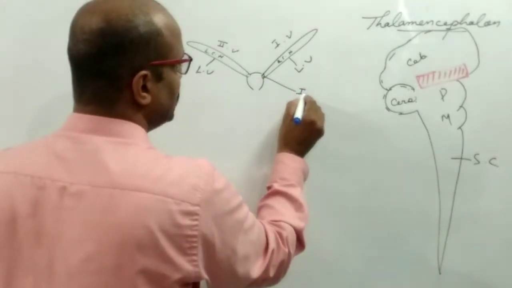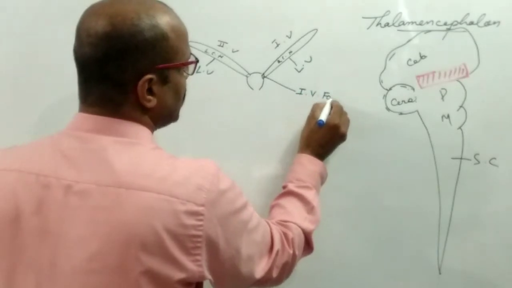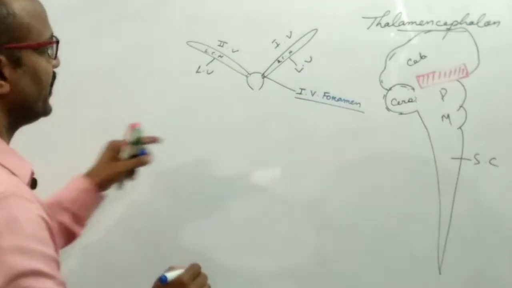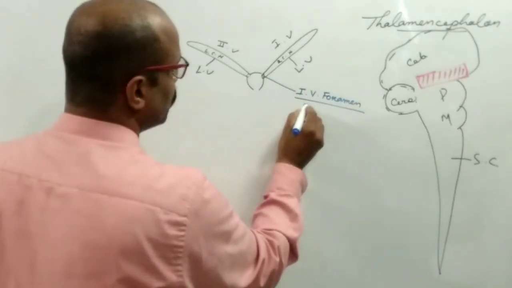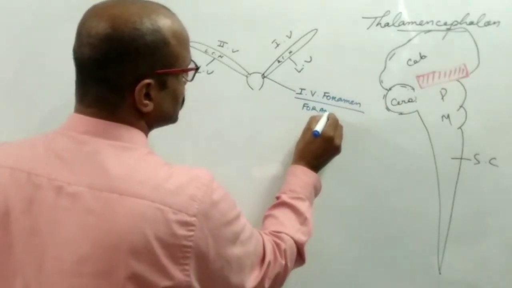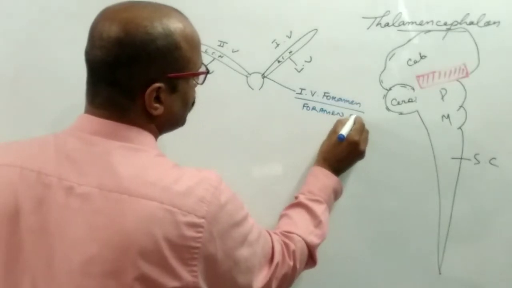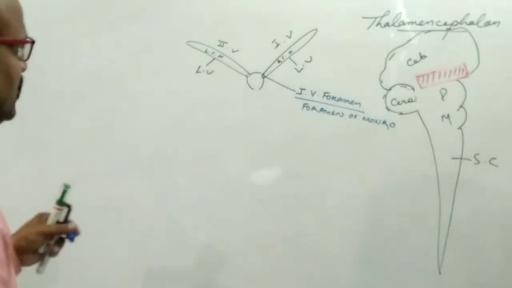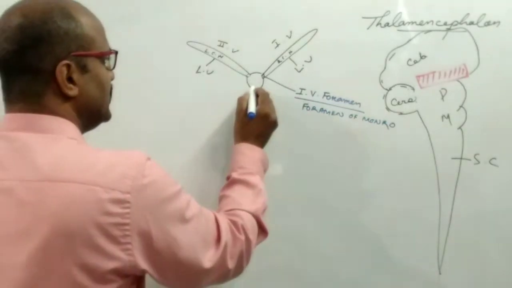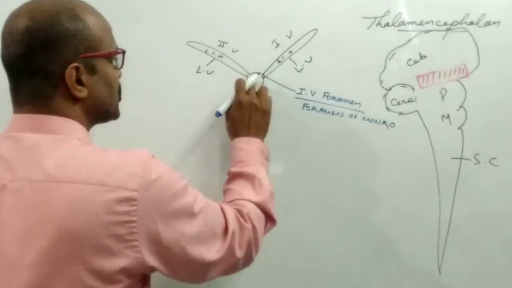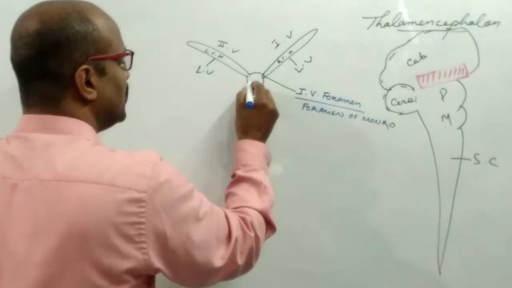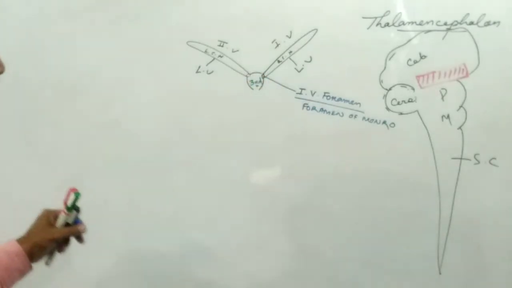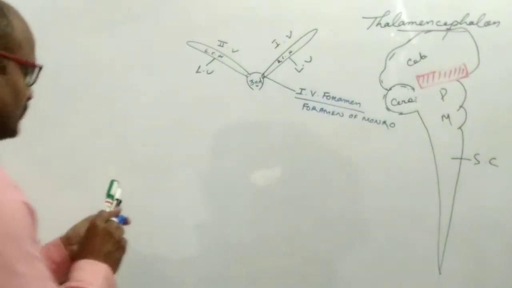The interventricular foramen is also known as the foramen of Monro. Now, these two ventricles connect with the third ventricle.